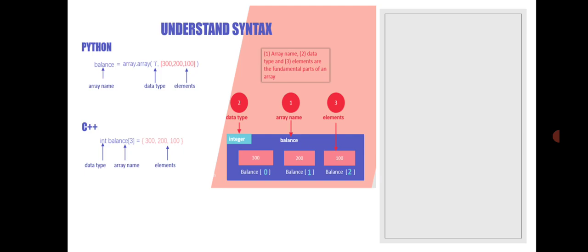In terms of syntax, any variable that is declared as an array can store multiple values. Almost all languages have the same comprehension of arrays but have different ways of declaring and initializing them.